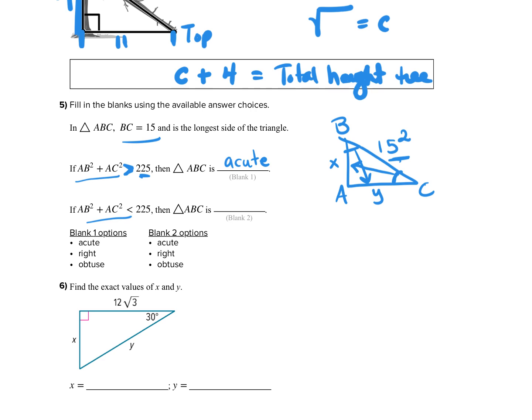And when we categorize a triangle, we categorize it based on the angle measures, not the side lengths. Okay, that's why we call any right triangle a triangle that has a 90-degree angle. Okay, and so of course the opposite is true. If the sum of the squares is less than, the side lengths are shorter, that means the angles are bigger. So that means this is an obtuse angle, okay?